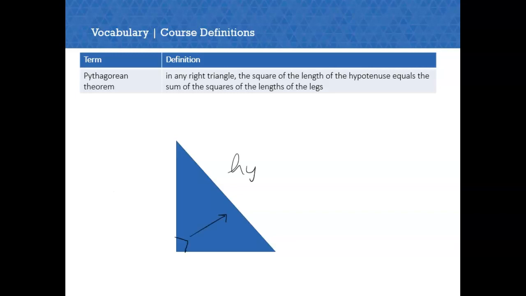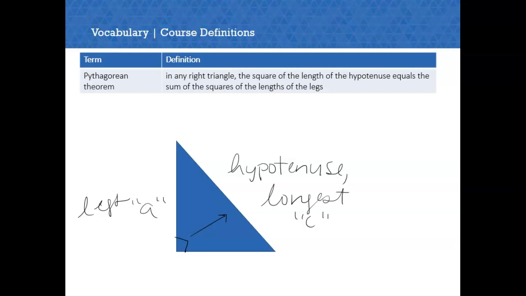So here's the hypotenuse. It's also the longest side. And this is known as C. The legs are interchangeable in our formula and are known as A and B. And our formula is A squared plus B squared equals C squared.